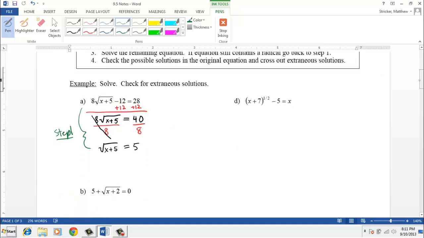So to get rid of our square root, we wrap both sides of the equation with parentheses and square. That makes the left hand side just x plus 5, and the right hand side becomes 5 squared, or 25. So that right there is step 2.